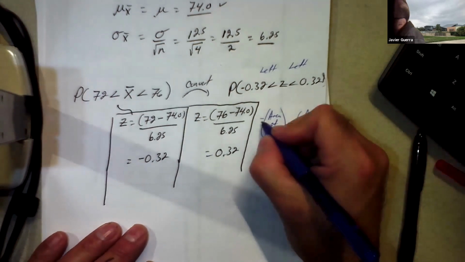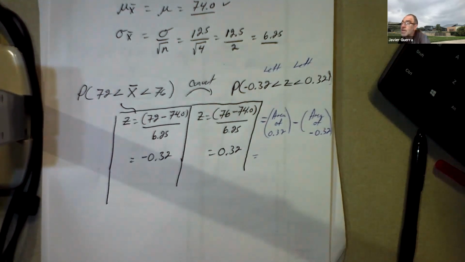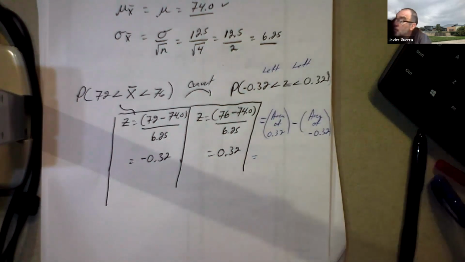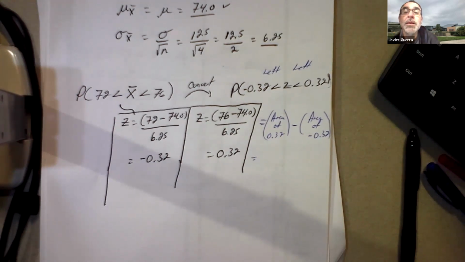And I have to put that in my stat disk and find each one individually. Left of the positive 0.32 and left of the negative 0.32. And then we subtract.